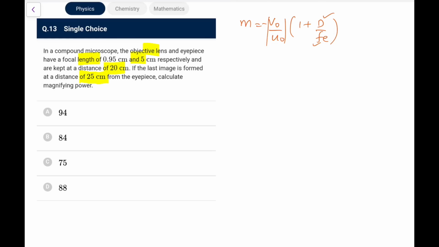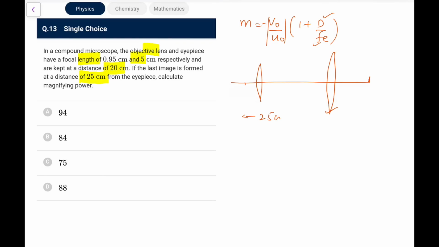Okay. So they are kept at a distance 20 if the last image is formed at a distance of 25. So this is the objective for the compound microscope, and let's say this is the eyepiece. Because last image is formed at 25 centimeter, and the image formed is virtual, it is not formed 25 here, it would be 25 here, something like this.